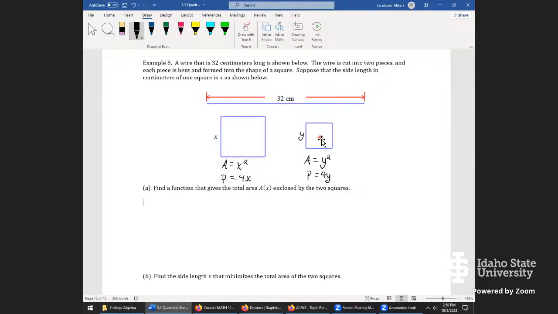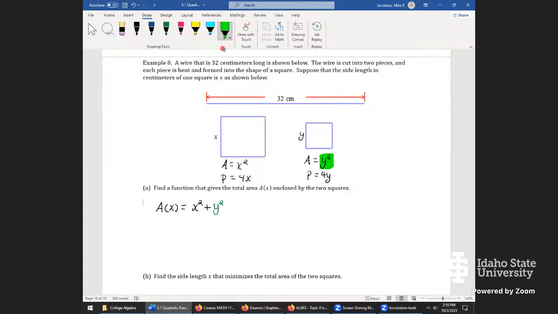Well, we're getting there. Down below, I could write the area function right now, but we get stuck if we do that. Nonetheless, let's do it. It's total area, so A of x will be the area of the first square, that's just an x squared, plus the area of the second square, which is y squared.